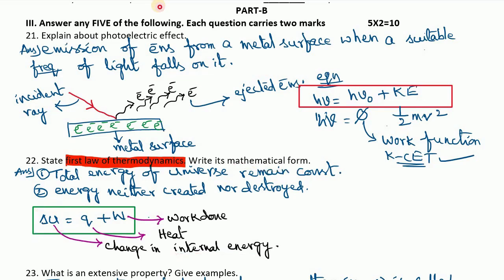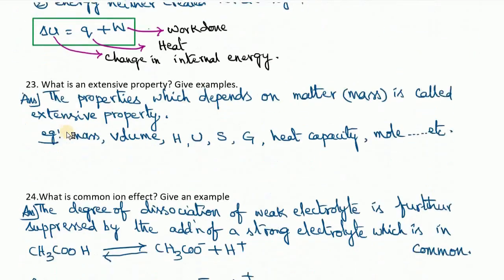Change in internal energy equals Q plus W. Q means heat and W is work done. That means finally, change in internal energy equals the heat absorbed by the system and work done on the system. Very important, right? Go to the third question, 23rd one.